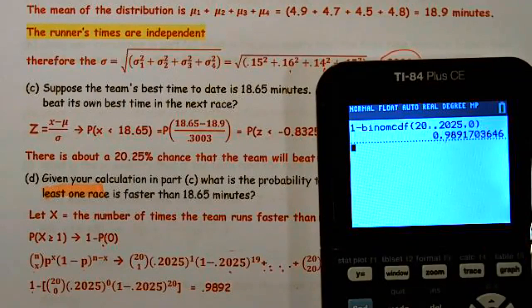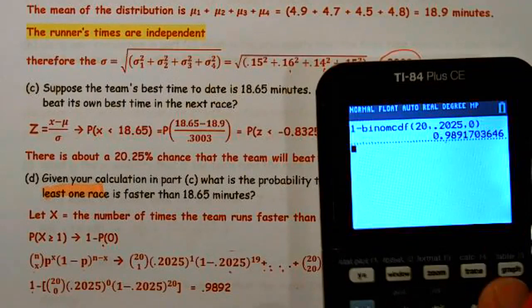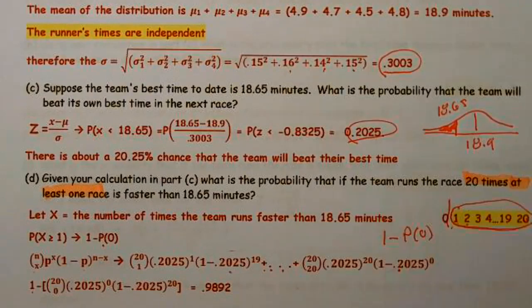And we end up saying, you know what? There's about a 99% chance that if they run it 20 times, at least one of those will be faster than their fastest time. Now, some of you are going, hey, Mr. Spencer, you said to use a CDF because we have multiple values. Well, we only have 1 here, so could we have used a PDF?